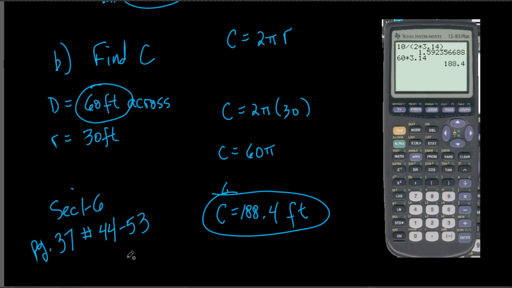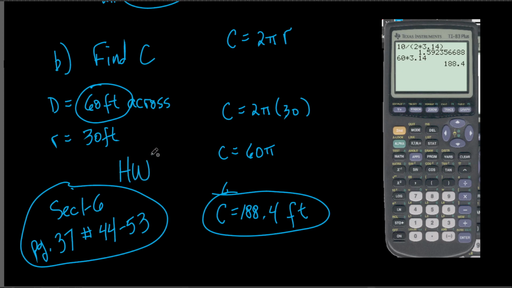I didn't assign that much, did I? Okay, so here's your new part of your assignment. I'm adding this to 1-6. If you've done up to 43 up to this point, add this to it. 44 to 53, it's page 37, and we're calling it section 1-6. So this is the final homework for section 1-6.